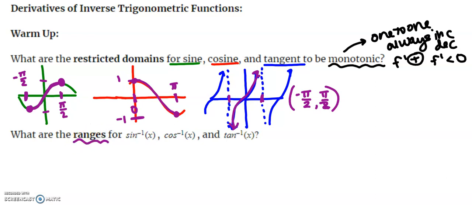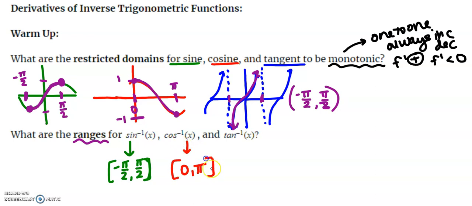Because in inverse, you just switch the domain and range. So for sine inverse, our restricted range is negative pi over 2 to pi over 2. That's a bracket. For cosine, our restricted range is going to end up being between 0 and pi. And for tangent, we're going to end up being between negative pi over 2 and pi over 2.